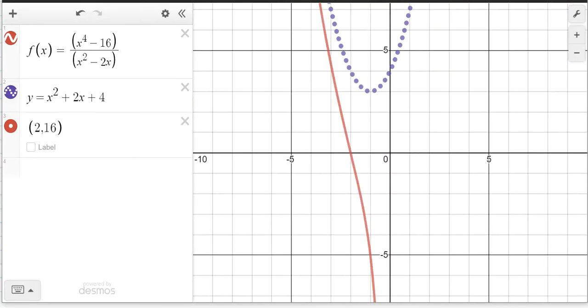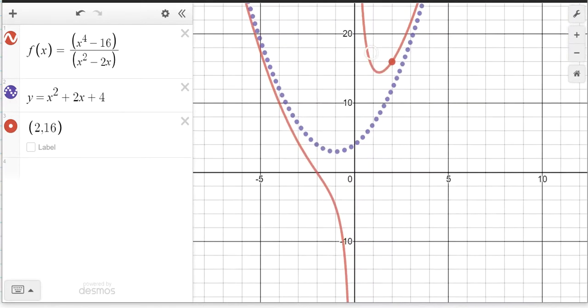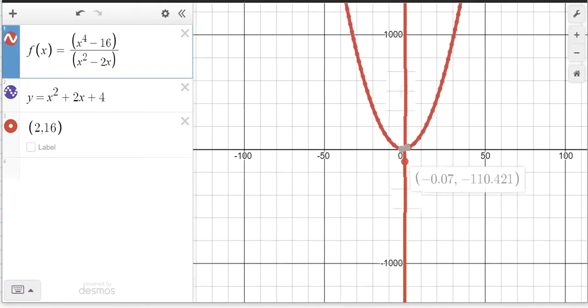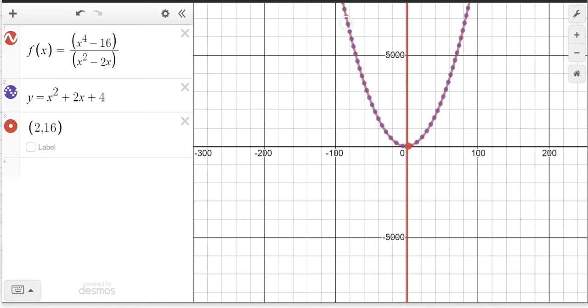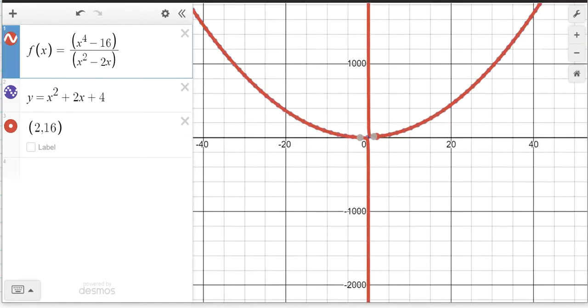So if we zoom in really close, on a micro level, this rational function doesn't look much like that parabola whatsoever, but on a macro scale, if we zoom way out, then we do see how similar they are. So for extremely large values and extremely small values, these two functions behave very close to one another. But for these values in the center of the parabola, they don't quite behave like we would expect.